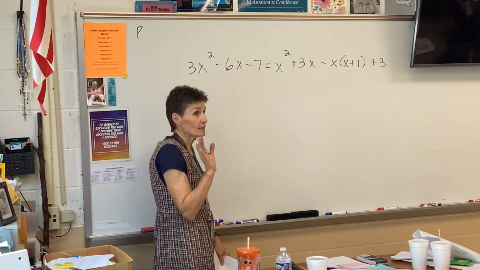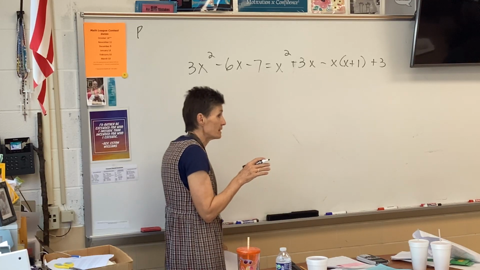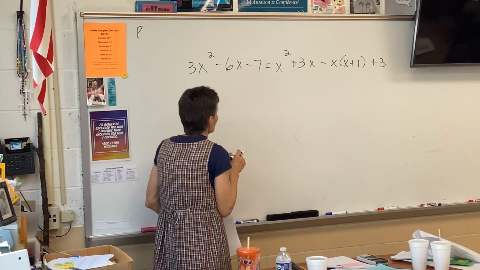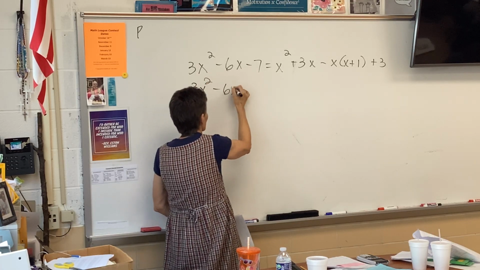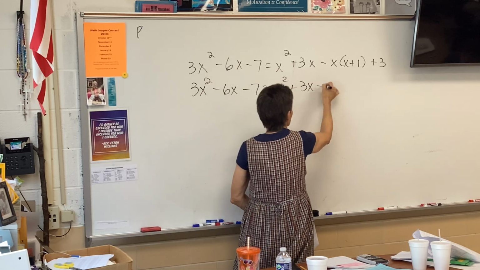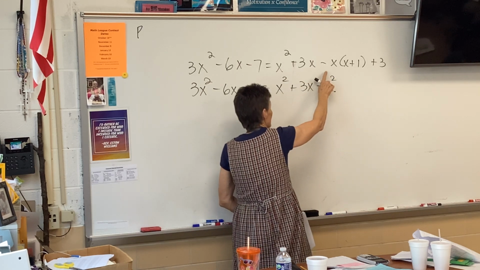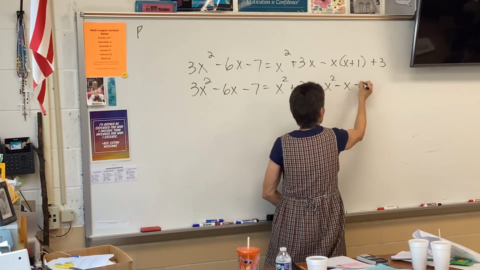So we're going to move everything to one side. If you're going to do the quadratic formula, you need to have it set equal to 0. Let's do some distributive and collecting like terms over here. Remember when you distribute negative x, it's negative x squared minus x.